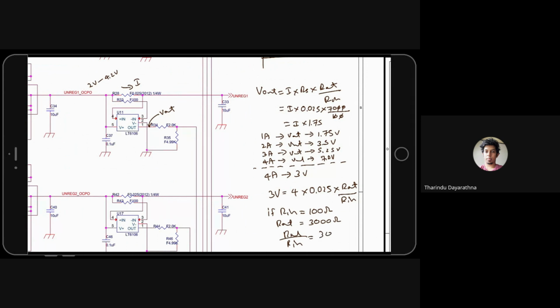If you cannot find a 3K resistor, maybe you have to change R in and get R out accordingly, but maybe you can find 3K. So the circuit will be like this. There will be no resistor here, it's directly connected. This resistor is 3K.